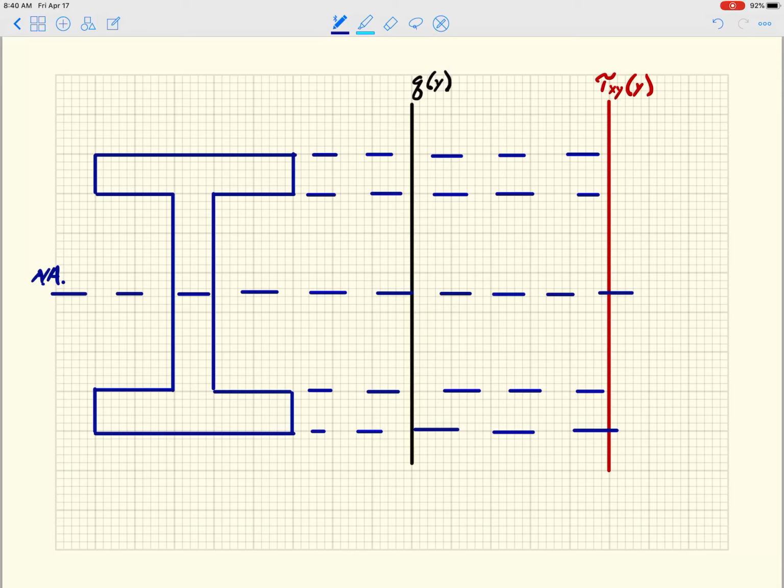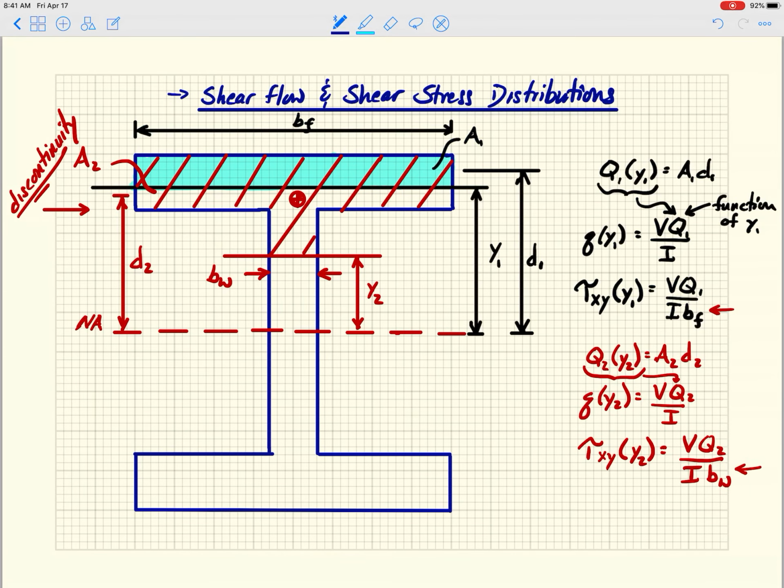All right, so let's start, right? So if we look at Q sub y, the only thing that varies there as we go down the cross section is capital Q sub y. So that's the only thing that varies. So all I've got to do is look at how the area and then the moment arm between that area and the neutral axis will change, okay?